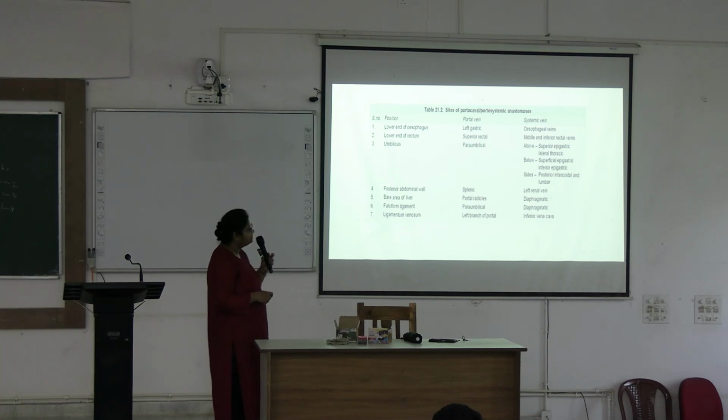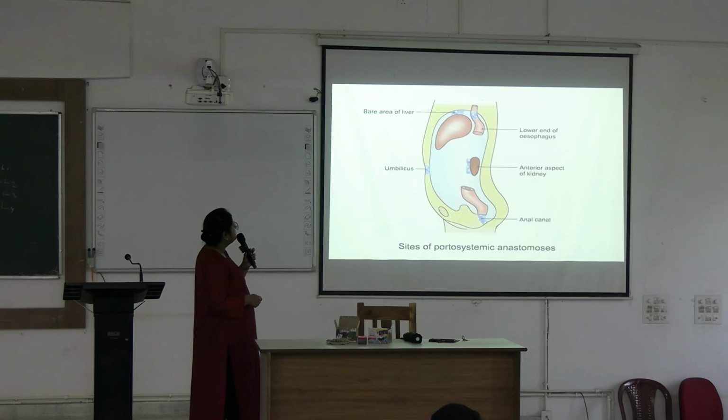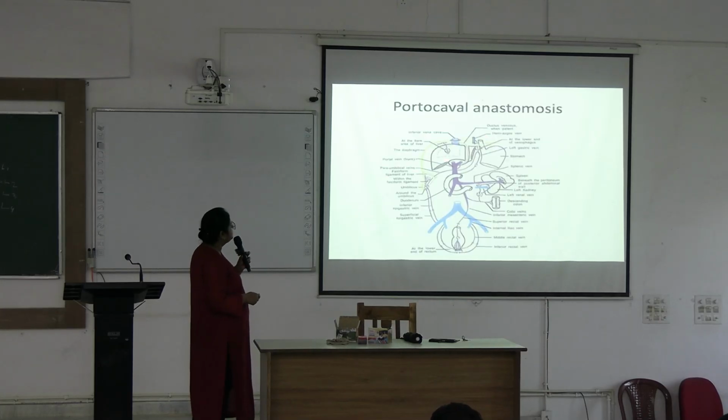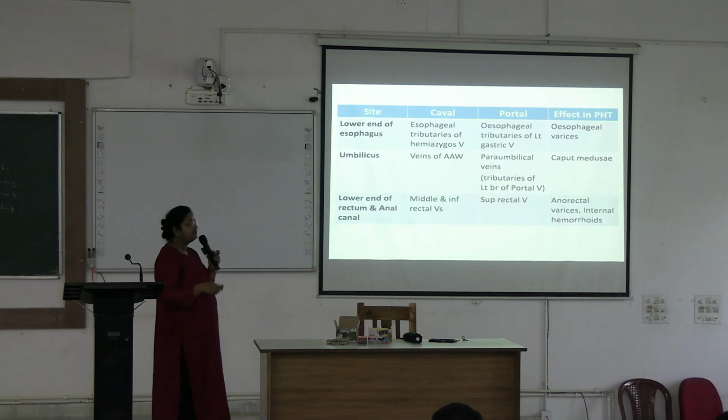So this chart you must remember for portosystemic anastomosis. Here these are the area around the umbilicus, lower end of esophagus. Here in the bare area of the liver, posterior abdominal wall, here is lower end of the anal canal. Anastomosis have been shown in bare area of the liver, lower end of esophagus, here in the posterior abdominal wall, rectum, umbilicus.